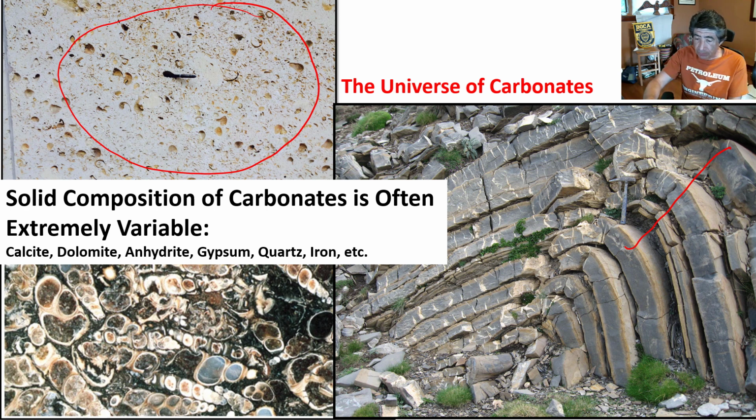And here, at the thin section scale, we also see strong variations of the constitution of the rock because of the way the rock was made. So one of the things that we often find in carbonates is that their composition is extremely variable with depth.